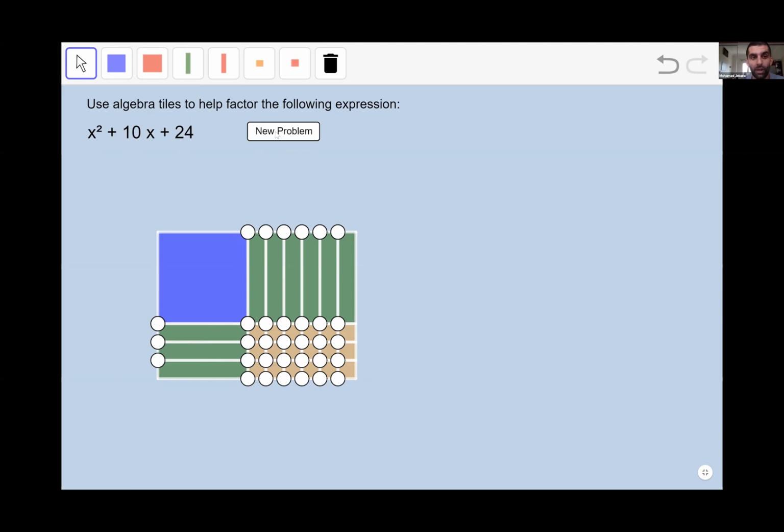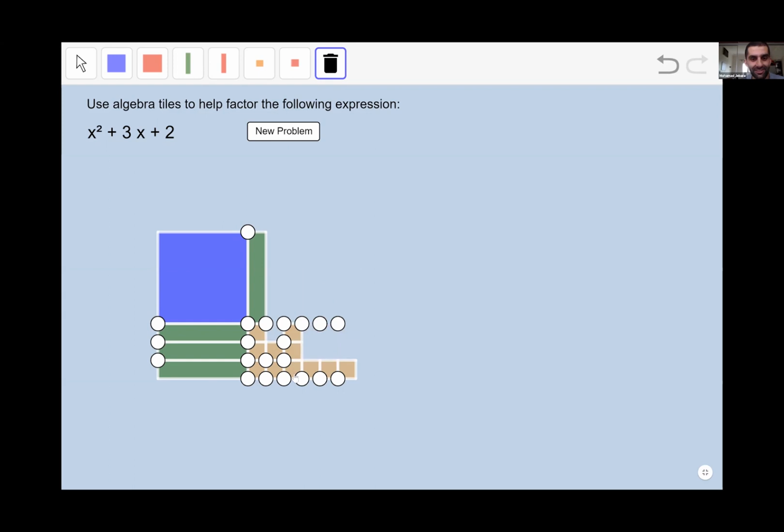So we'll do one more really quick one with some smaller numbers. Let's do one really easy. So x squared plus 3x plus 2, here's another one.